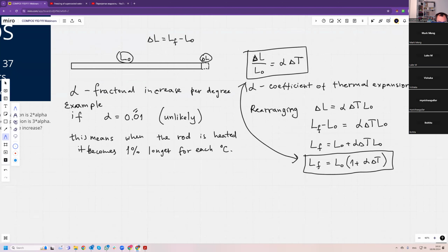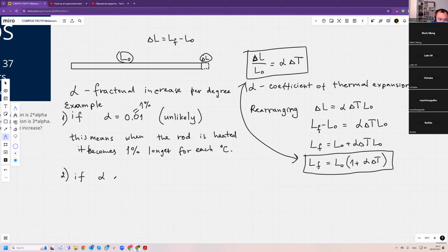So 0.01 is 1%, right? If you heat it by 1 degree, it will become 1% longer. Does that make sense?